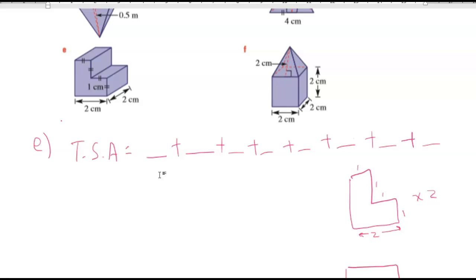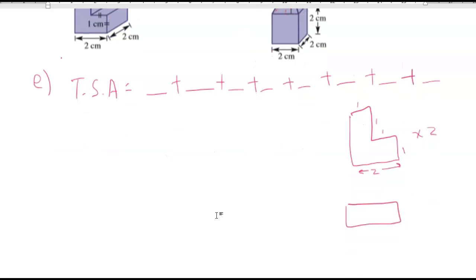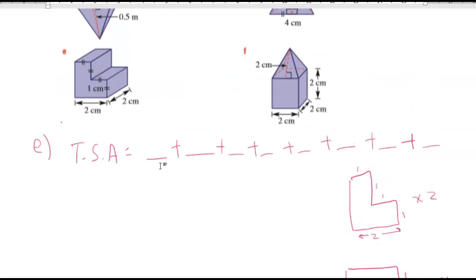And each of them is actually the same because we're going up 1, across 1, up 1, across 1. So we've actually got 4 that are the same and their measurements are 2 by 1. Sorry, poor multiplication sign. And then we have the back and the bottom, and that is actually a rectangle.